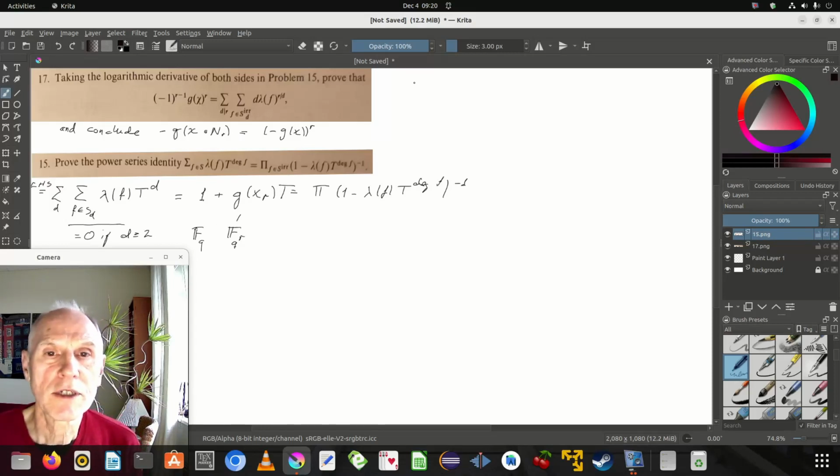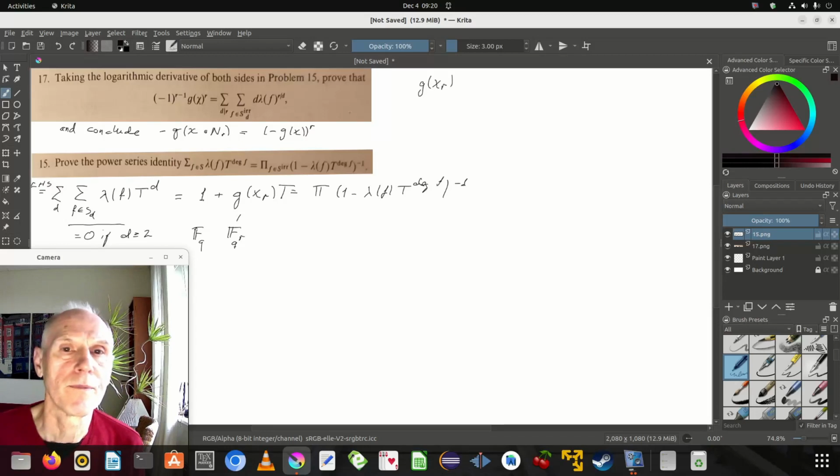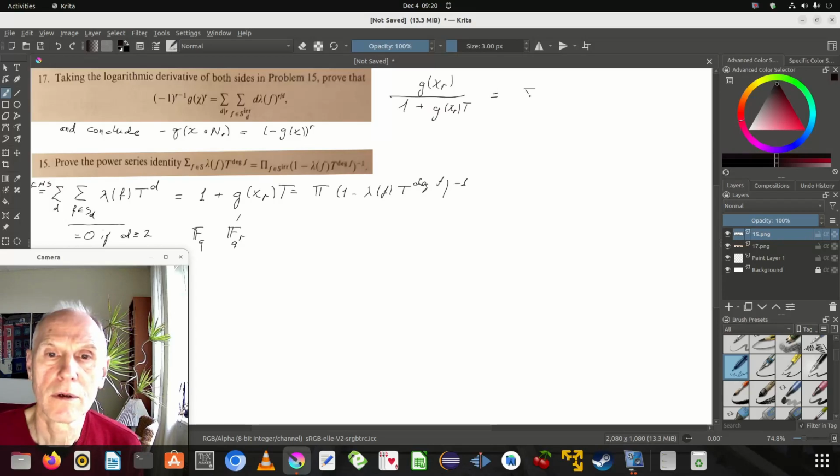So we take the logarithmic derivative. This is the degree of f minus 1.